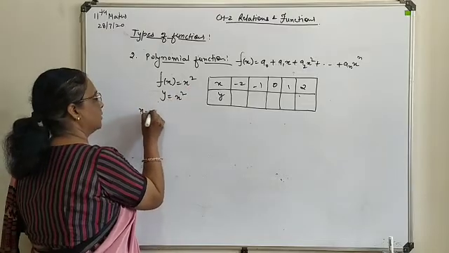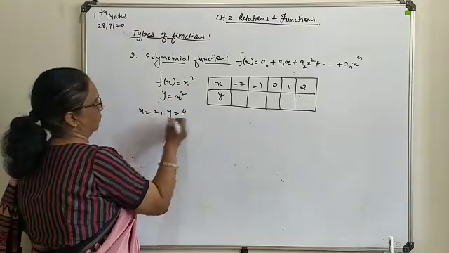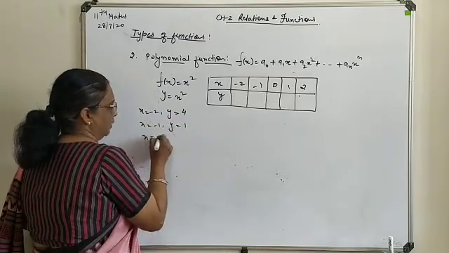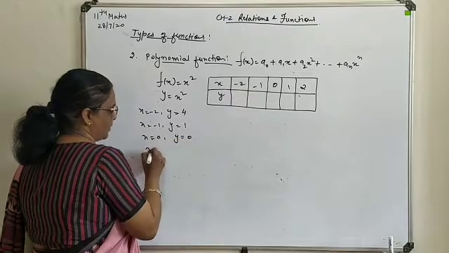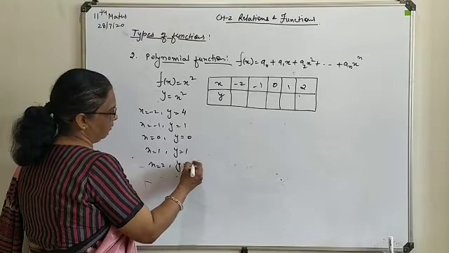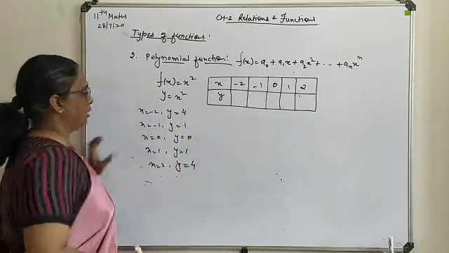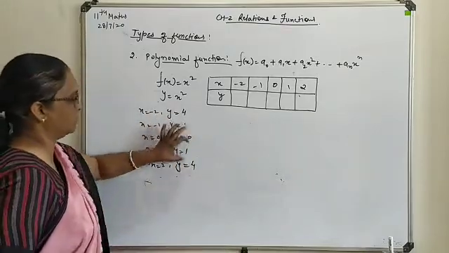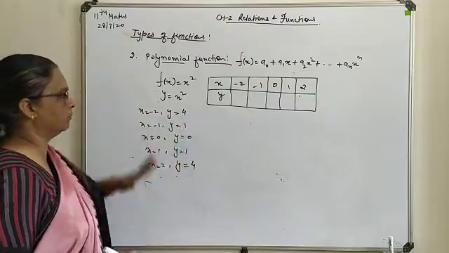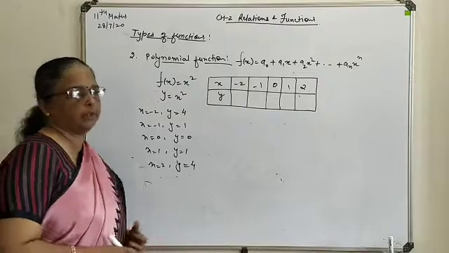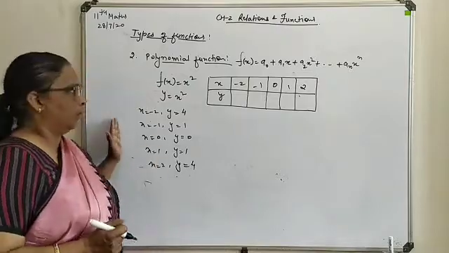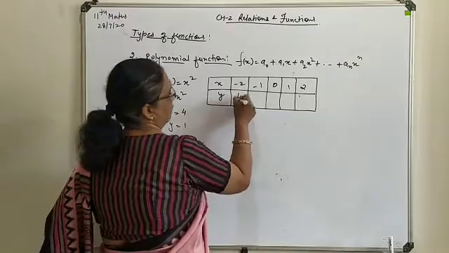For x is equal to -2, y is coming as 4. For x is equal to -1, y will come as 1. X is equal to 0, y is 0. X is equal to 1, y is 1. X is equal to 2, here again y is 4. So you can say there will be symmetry of the curve around 0, at 1 1, at 4 4, like that. Furthermore, if you take 3, it will give you 9, and that way you will have a symmetry about the y-axis. So substitute the values over here.